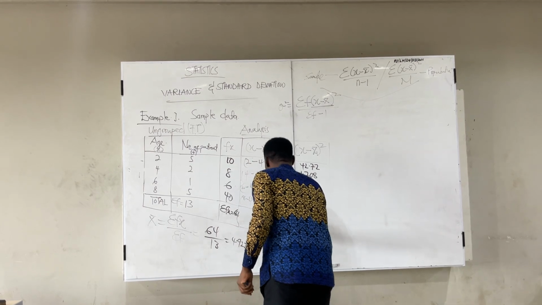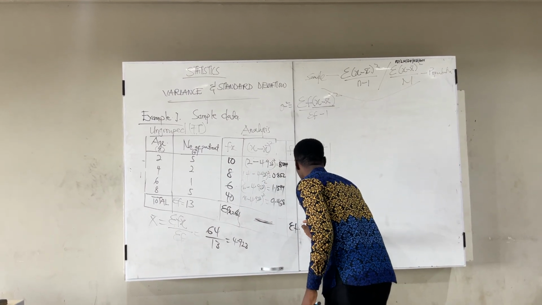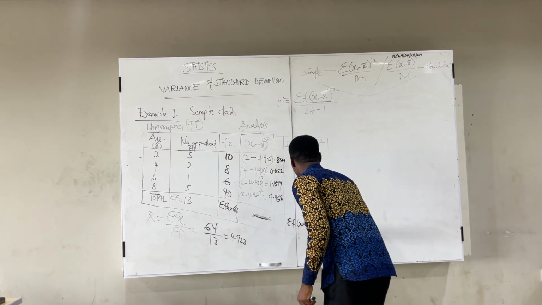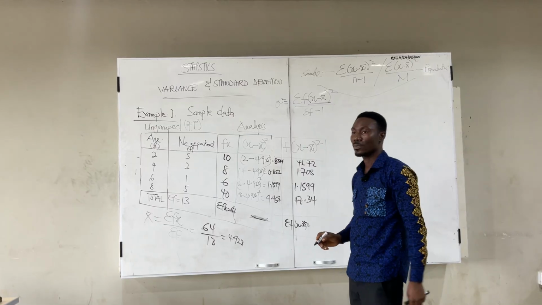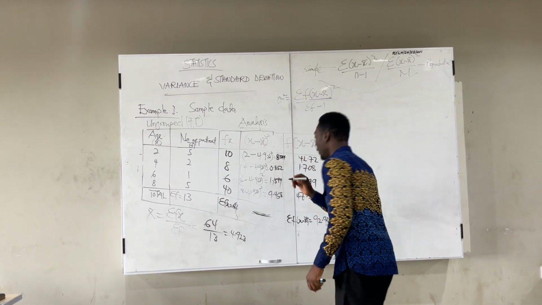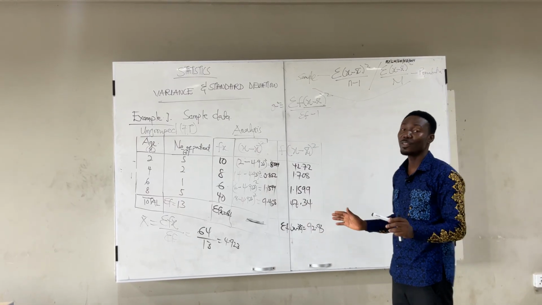Here you can put a dash. Then you do the sum of f into bracket (x minus x bar) squared, which is equal to 92.93.